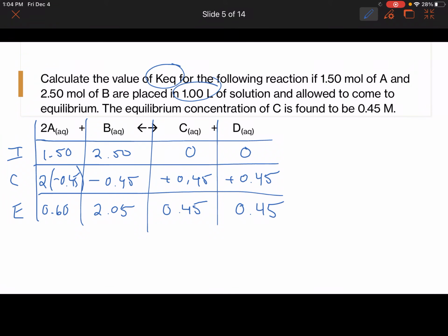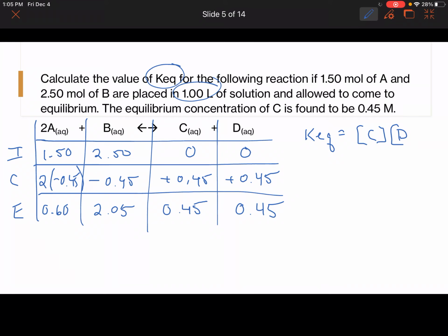So now I've got the equilibrium concentrations. And so now I can sub these into my KEQ. Now KEQ is going to be equal to A squared, don't forget that squared, times B. Oops, I totally did that backwards. There we go. Okay, so we're going to have products over reactants. Oh yeah, I totally did that on purpose just to test you.